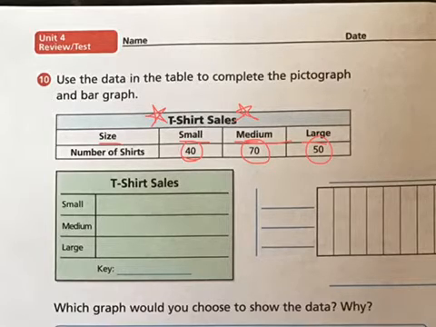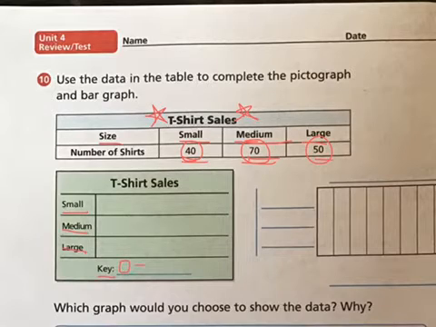So we need to put that data into, let's start with the pictograph. For t-shirt sales, we have small, medium, large, and we need to come up with a key. Since all of these are multiples of 10, I'm going to do a circle.